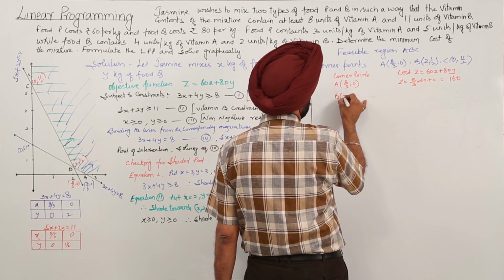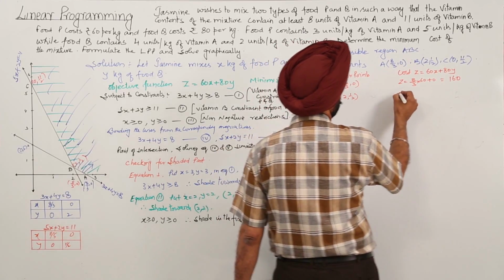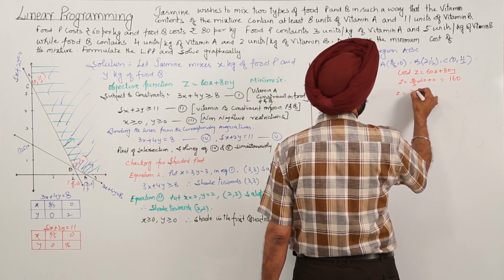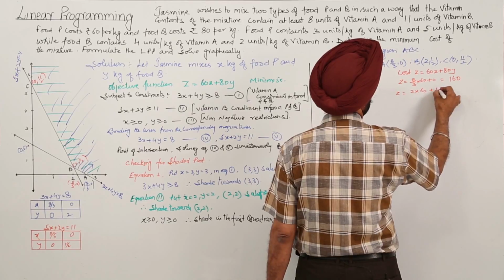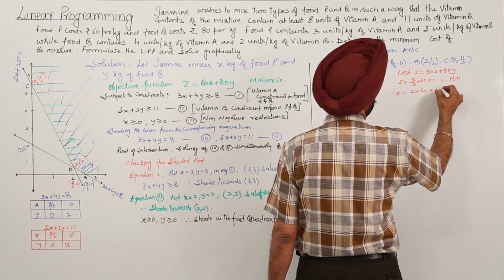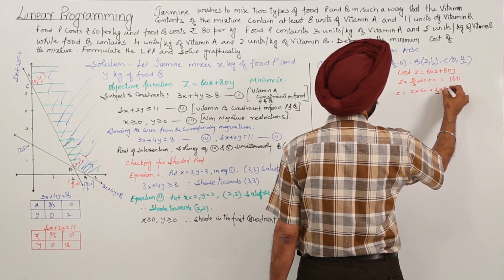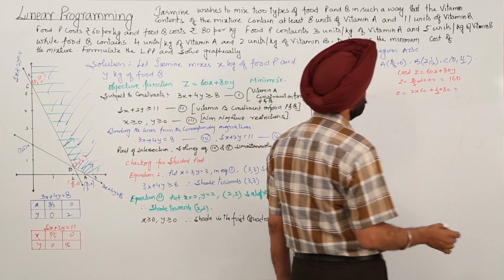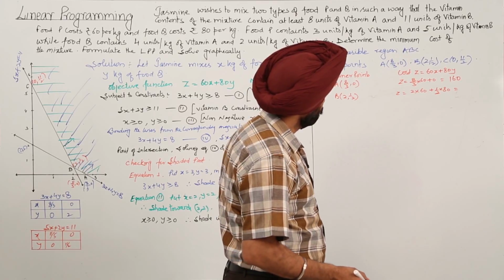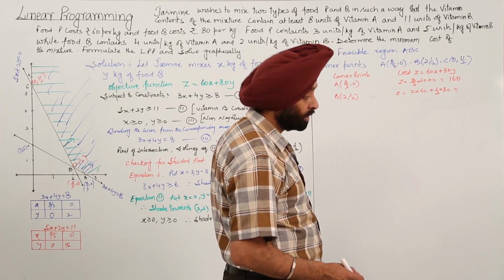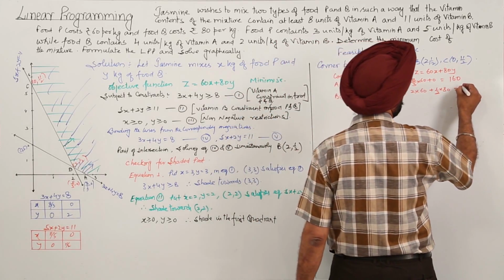At B, 2 comma 1 by 2, z is equal to 2 times 60 plus half times 80. Again this is equal to 120 plus 40, it is 160.